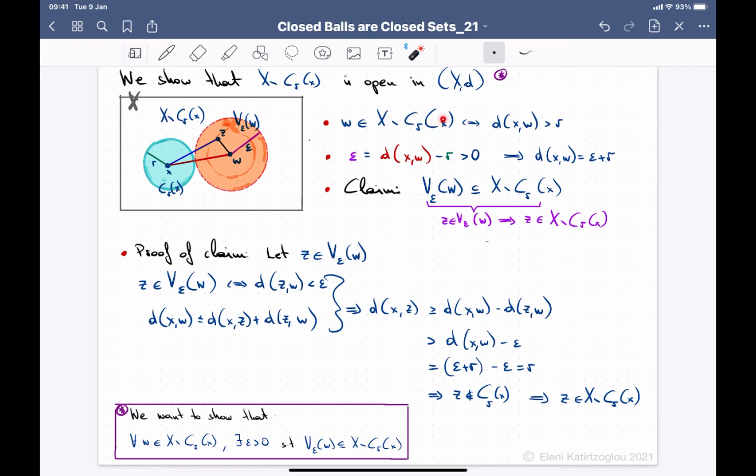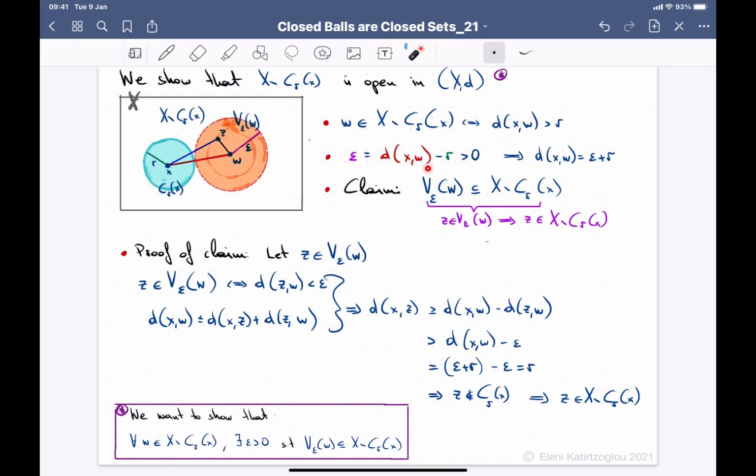W is in the complement of the closed ball. That means that the distance between X and W is greater than R. Now, from this inequality, subtract R from both sides, and what do we get? We get that the difference between this distance and R is a positive number, and I call this positive number epsilon.